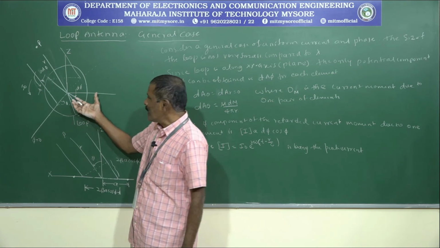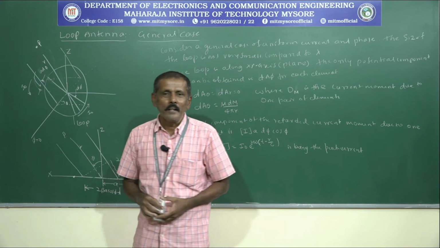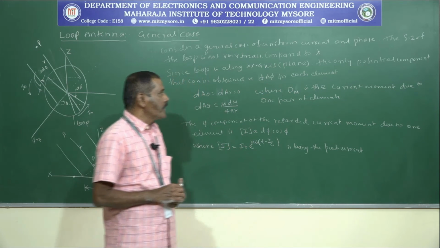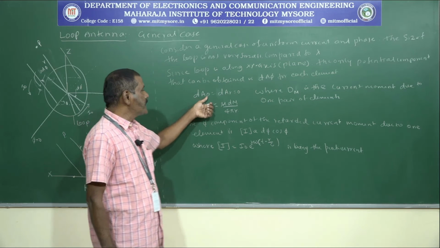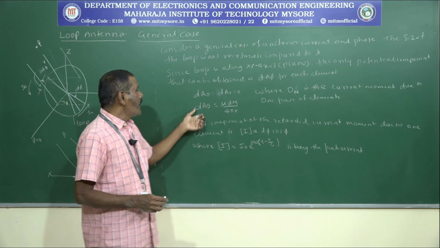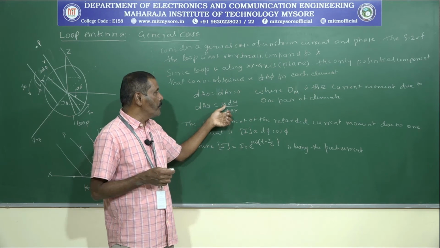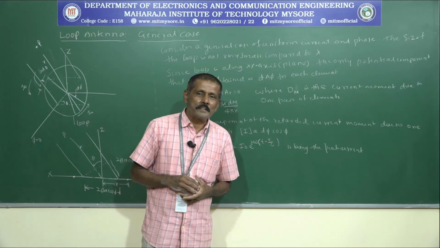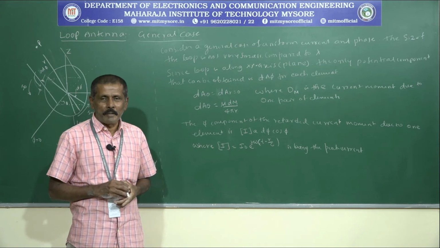Whatever the antenna element is, it is placed along the xy plane, and therefore only the d A phi component is obtained for each antenna element. dA r is equal to dA theta is equal to 0, and dA phi is given by mu into dm divided by 4 pi r, where dm is the current moment due to one pair of elements.